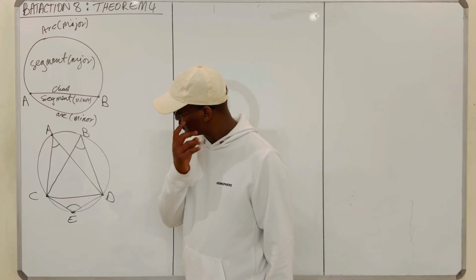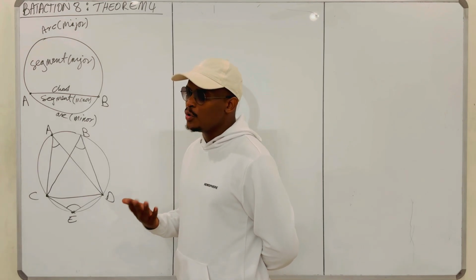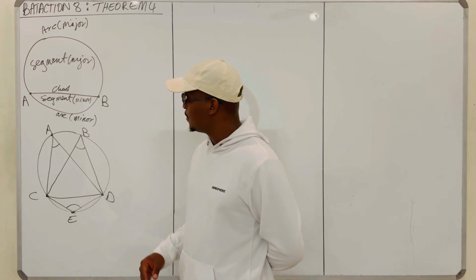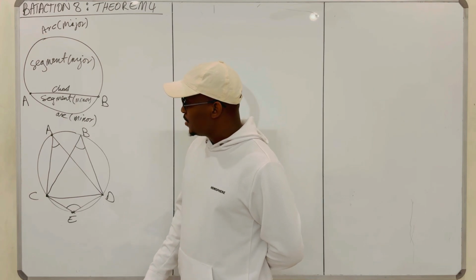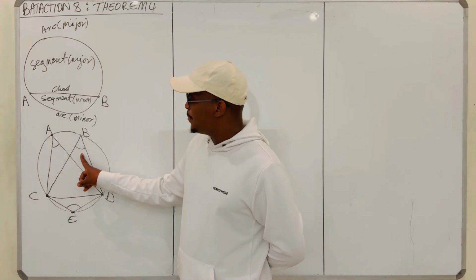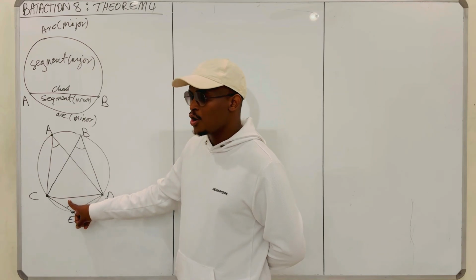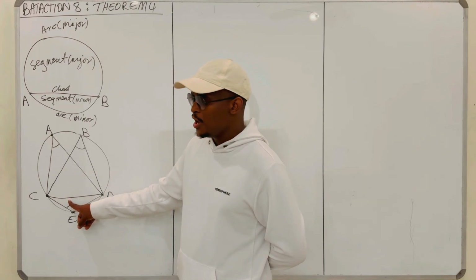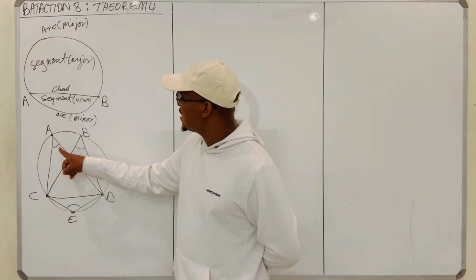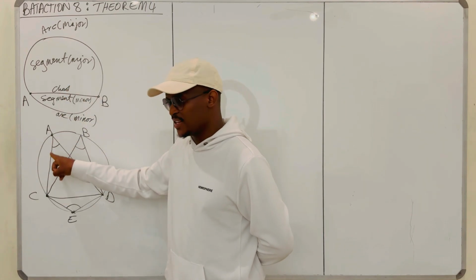For example, what I'm going to be teaching, and it's important, is that if you have your angles A and B, and both of them are subtended by the same chord or same arc, A and B are both subtended on the same segment. Yes. And that segment is the major segment because it's the bigger segment.